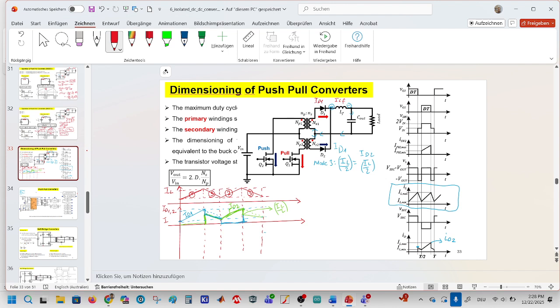Maybe you have also noticed that the period of switching or switching frequency on the primary side is not exactly as here.